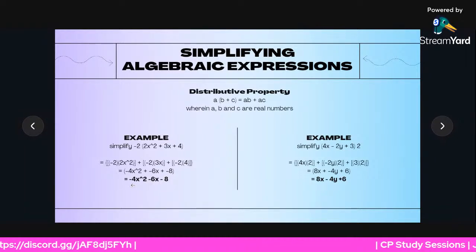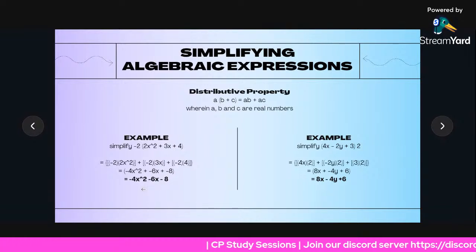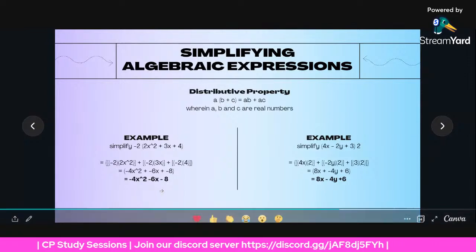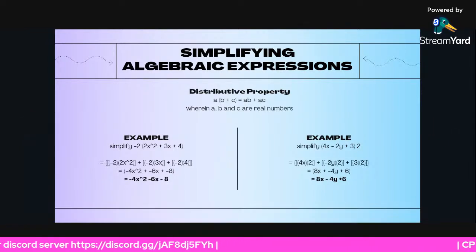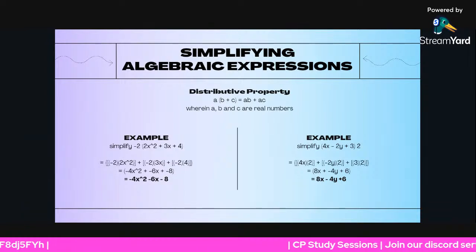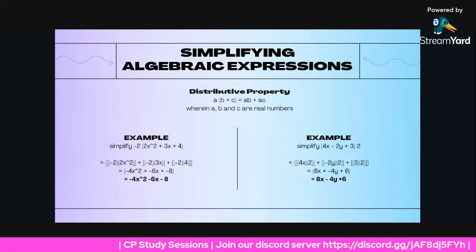So, kapag sinulat mo na yung buong expression, ang kakalabasan niya is negative 4x squared minus 6x minus 8. So, malinaw ba tayo dun? Malinaw ba yung first example? Hindi naman nakakalito or masyadong mabilis?